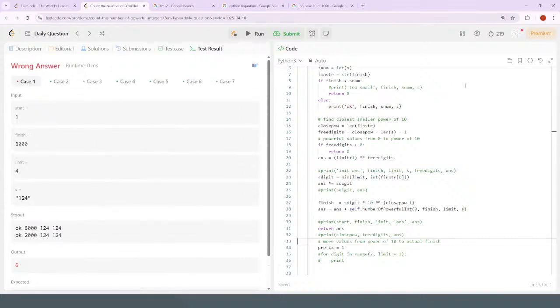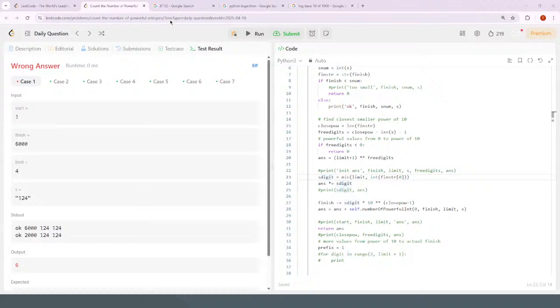So why did this calculate correctly? So you have 6,124. 124 is your... why is it printing out 124 twice?